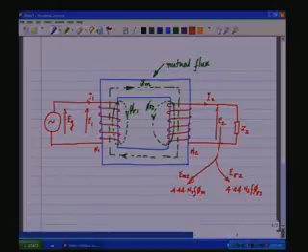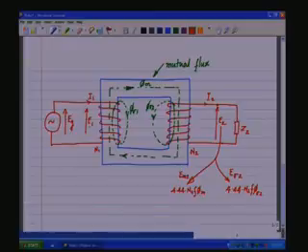Now, of course, these two fluxes are not necessarily in phase, and therefore, these two voltages are also not in phase. So, vectorially they will add up to obtain the E2 across the secondary.